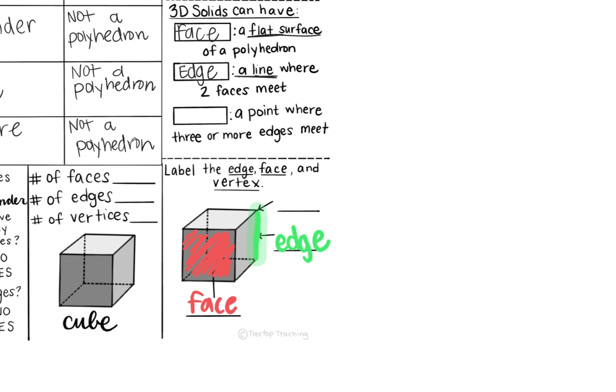There's one more, which is the vertice. So it's a point where three or more edges meet. So this is called a vertice, or vertex. So this one right here, that is my vertex, or vertices if we have more than one.